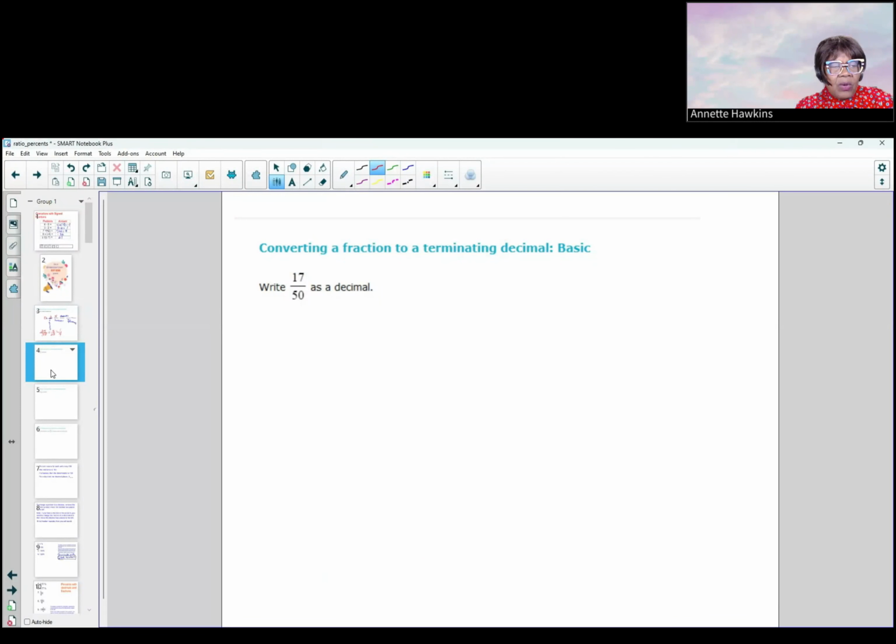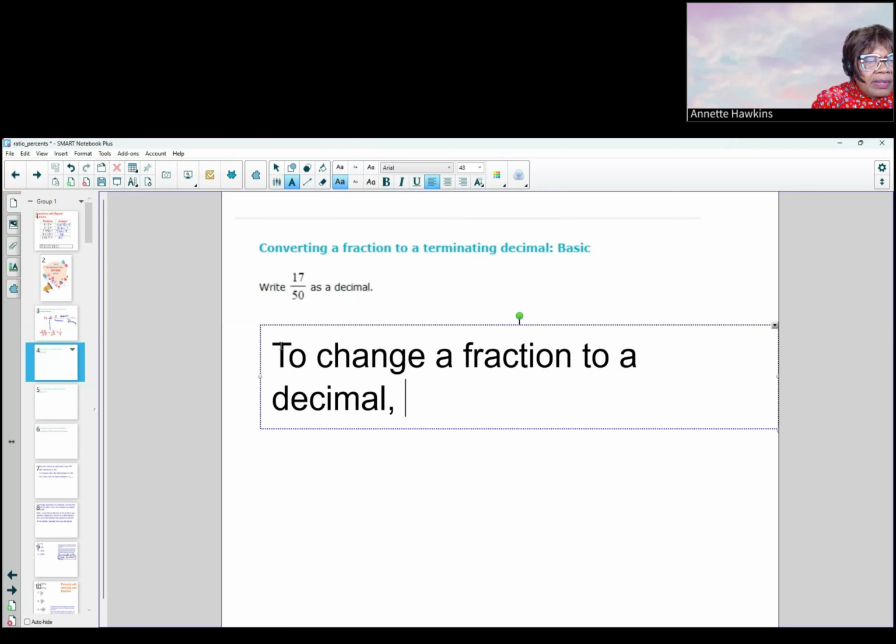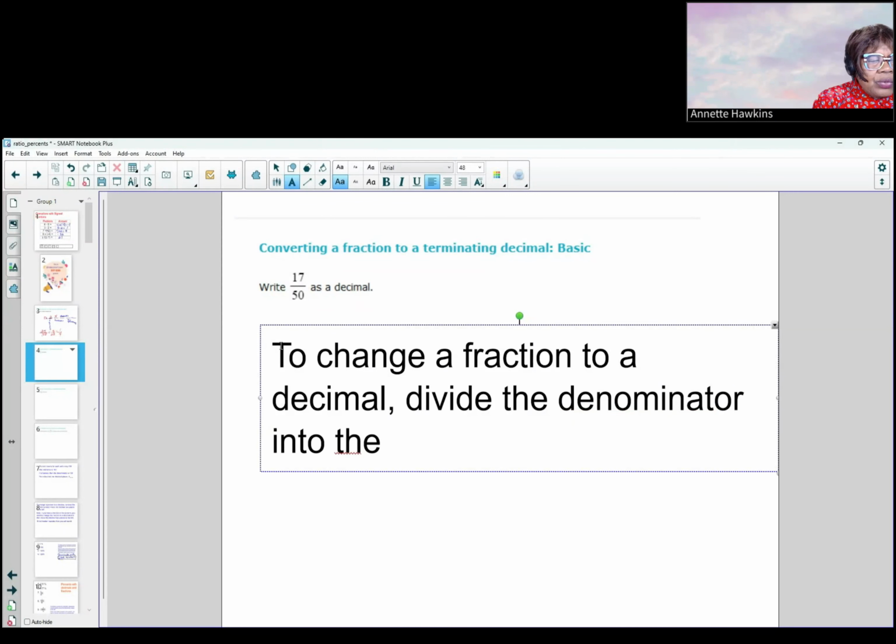All right, so now we want to write this fraction as a decimal. Okay, so to change a fraction to a decimal, divide the denominator into the numerator.